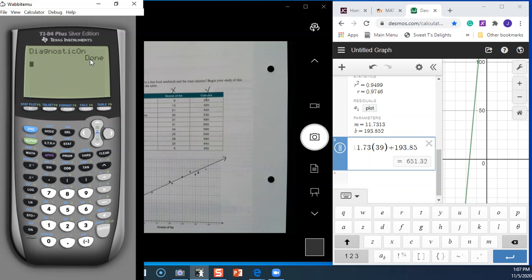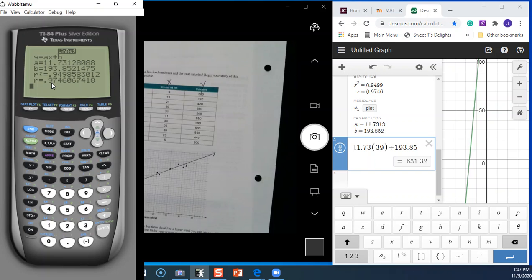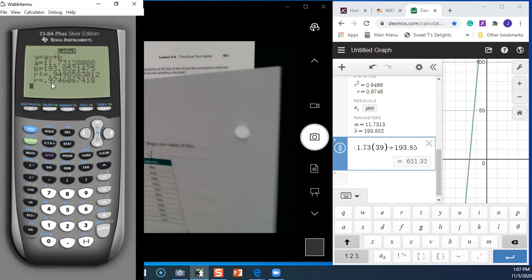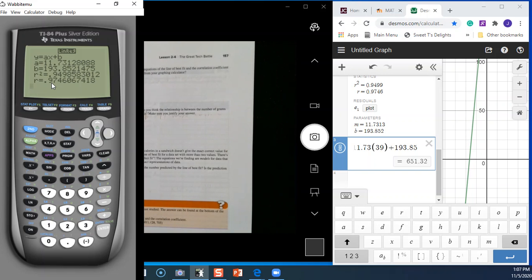And you should see the word done. Once you do that, you can go back to stat, go to calculate, go back to the linear regression, press enter, and now your R's show up. And if you rounded this to 2 decimal places, it'll be 0.97. So this is how you would actually do it in the TI calculator as well.